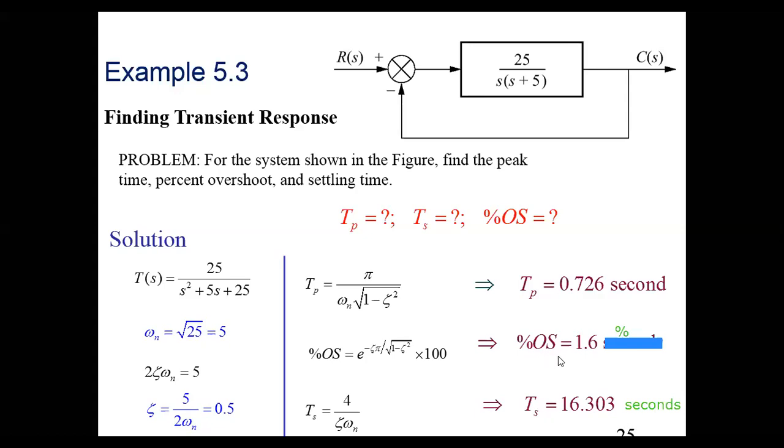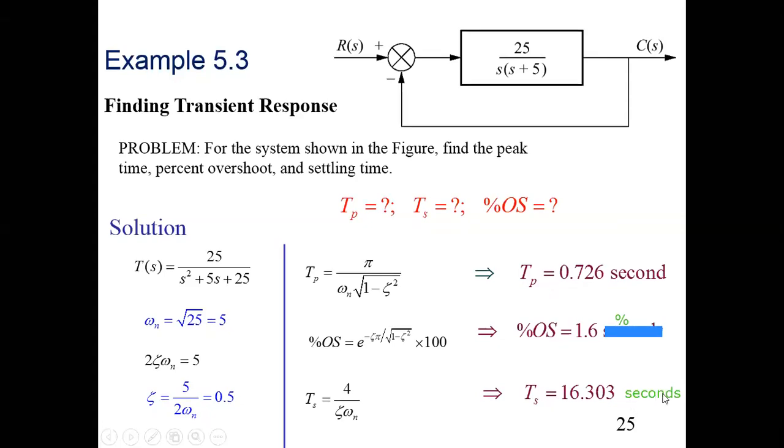Percentage overshoot is represented in percentage, and settling time is represented in seconds as it is time. So I have made this correction. We have found three parameters from this closed loop second order system.